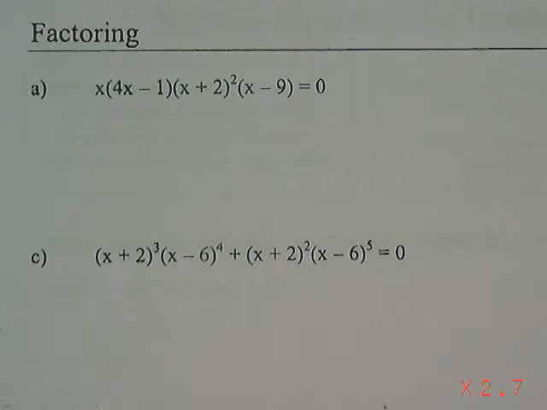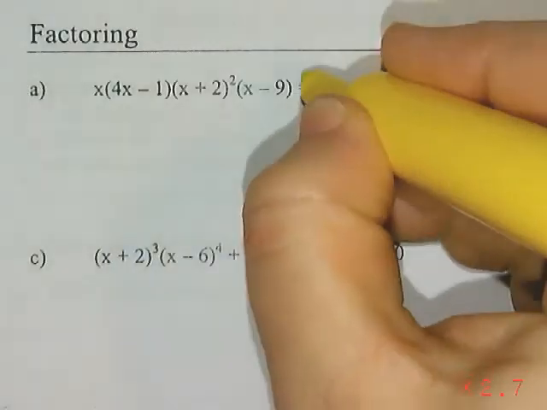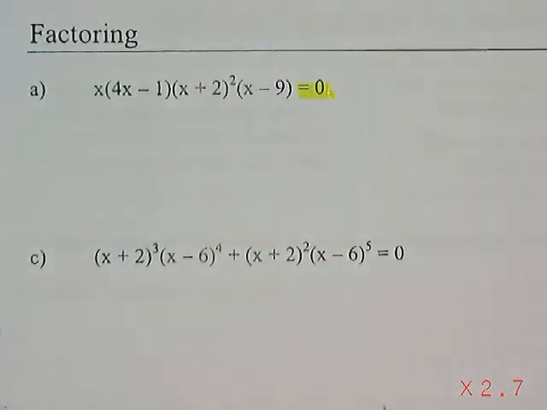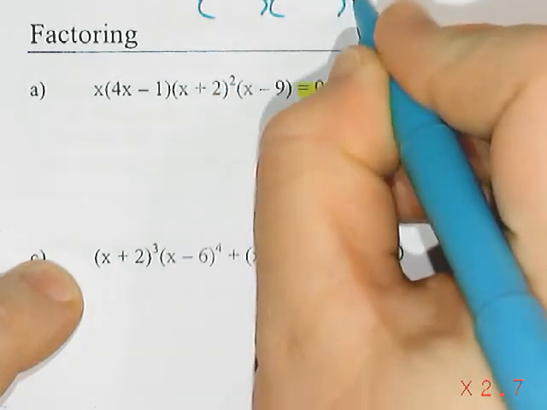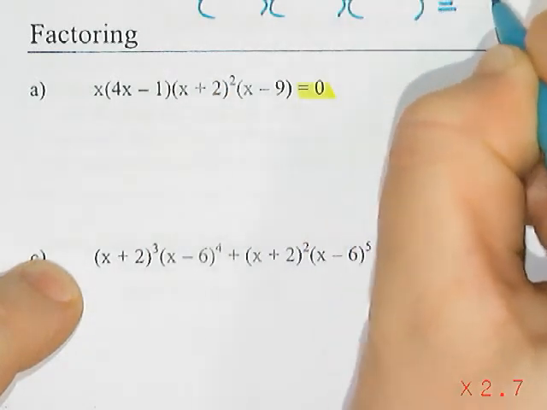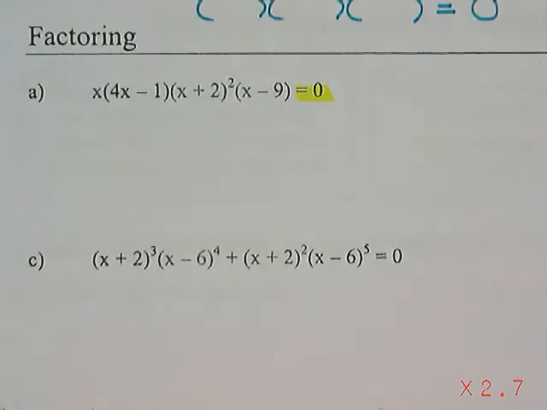So when you solve by factoring, the most important thing is that you need this side, or at least one side of the equation, to equal 0. When something is in factored form, it is basically a multiplication question, right? We are multiplying things together, and we want to know what makes it equal 0.